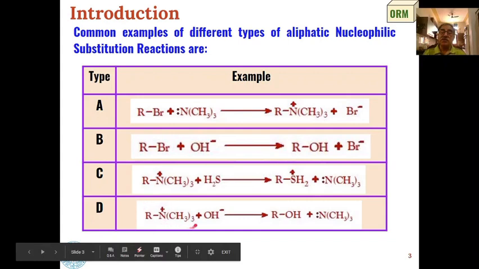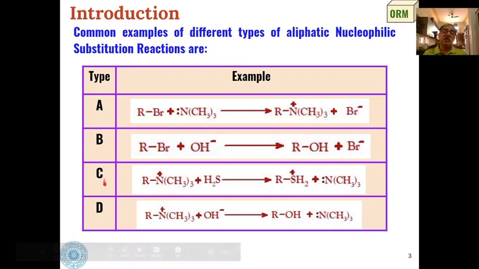Then the substrate is a cation and the nucleophile is an anion, and this nucleophile will substitute this leaving group, and we will get alcohols and trimethylamine as the product. So these are some of the common examples in each category of substrate and nucleophile.